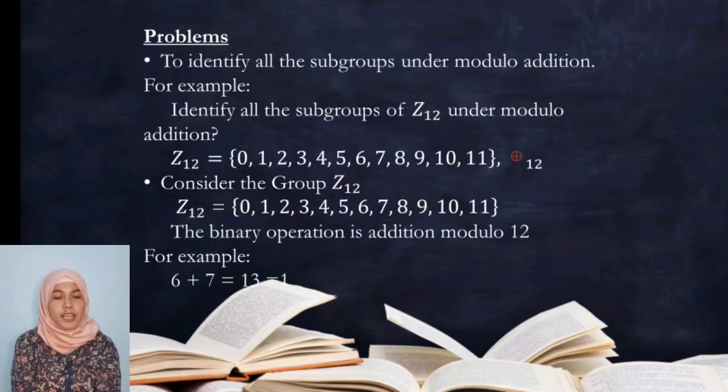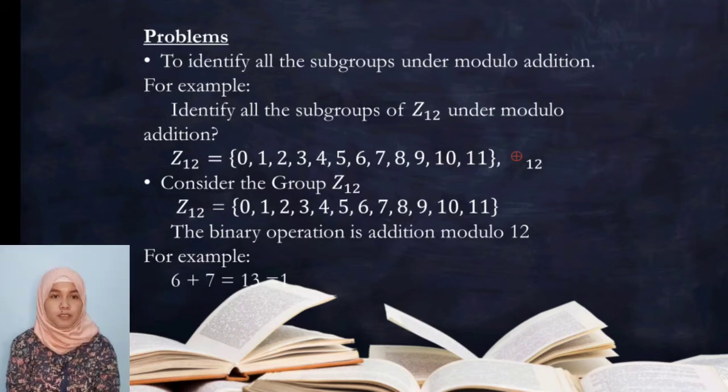So let's move on to identifying the subgroups under modulo addition. For example, identify all the subgroups of Z_12 under modulo addition. We know that Z_12 under modulo addition is a group because it satisfies all the properties of a group. First is closure with respect to the operation. Second, it's associative. Third, there is an identity element which is 0.